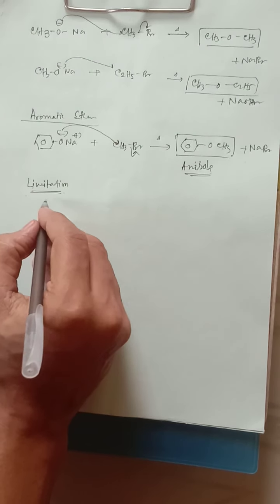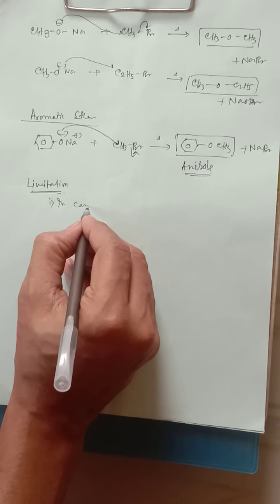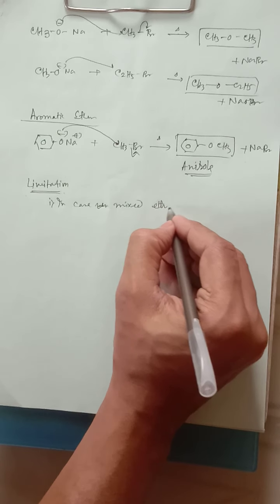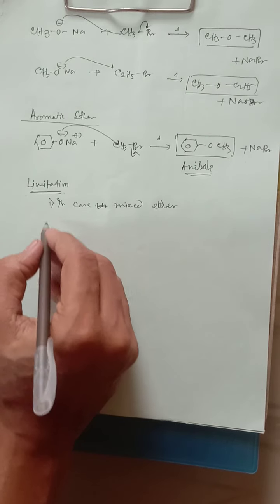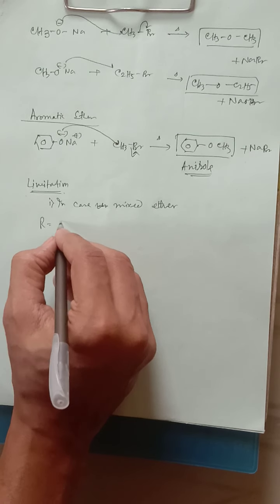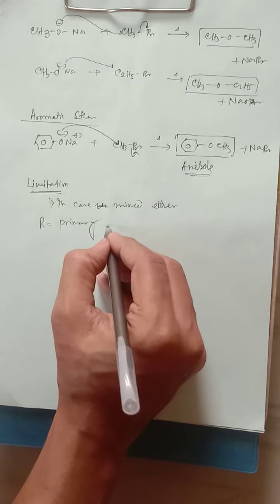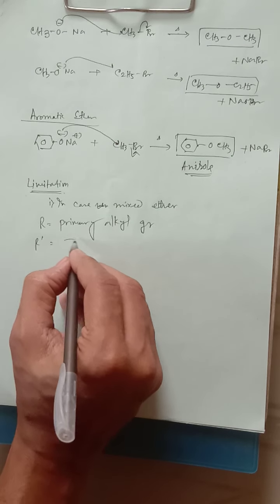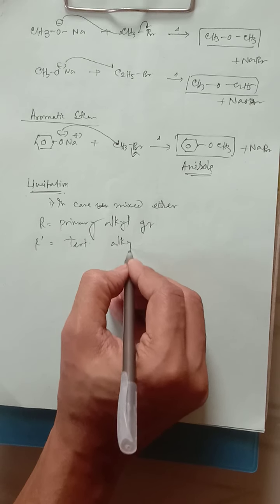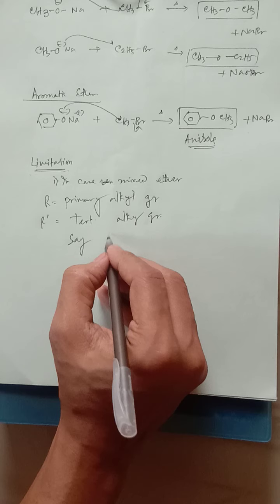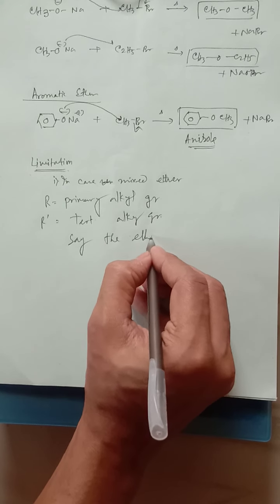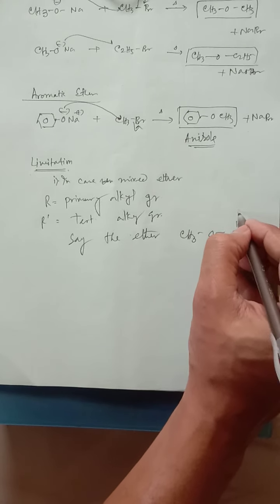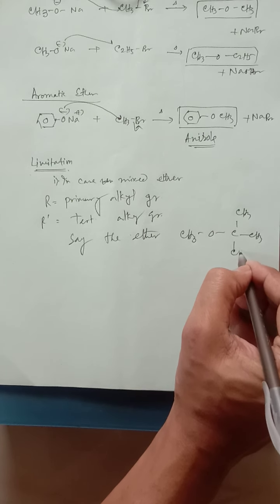Whenever, in case of mixed ether, R is a primary alkyl group and R dash is a tertiary alkyl group, say the ether is CH3OC(CH3)3.